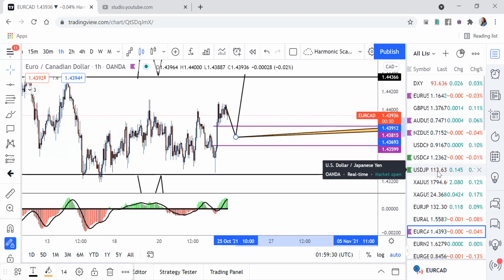So you could look at UJ, GJ, AJ, and CAD. EJ, I'm not confident about it. At least not right now. Right? So UJ, GJ, AJ, and CAD.